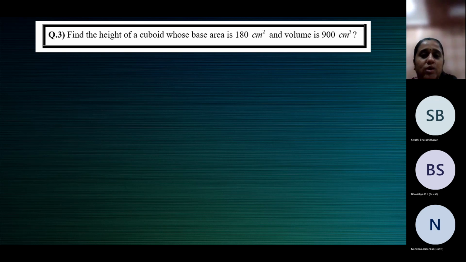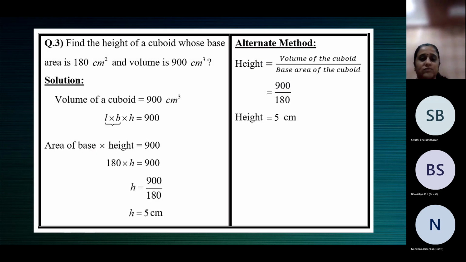Find the height of a cuboid whose base area is 180 centimeters square and volume is 900 centimeter cube. I think we did one like this earlier. Convert this. This L into B I've written.